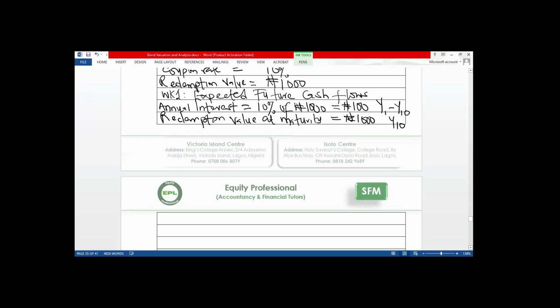Value of the convertible bond or convertible loan stock is, open your schedule, you have your year, you have your item, you have the cash flow, you have the discount factor, then you have the present value.